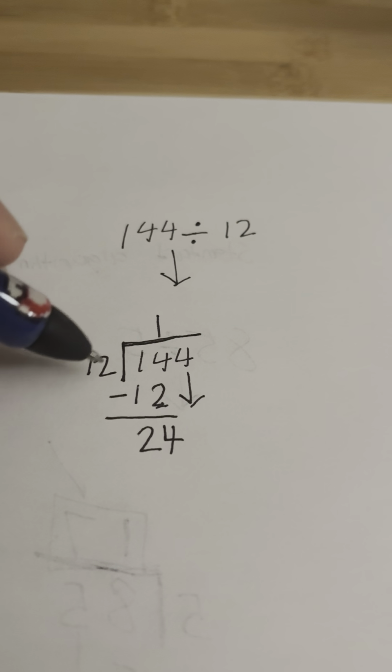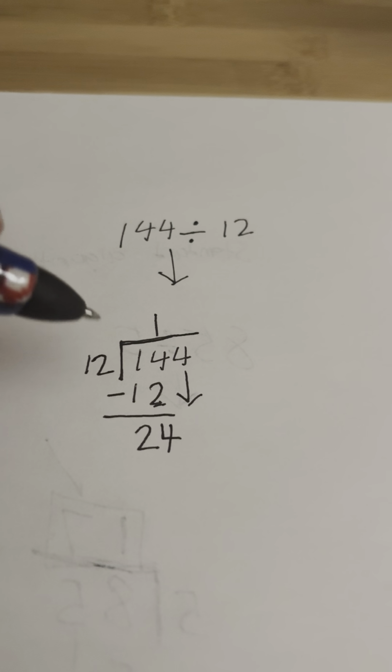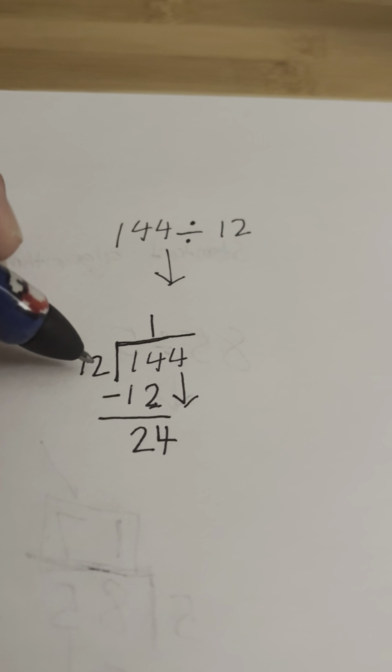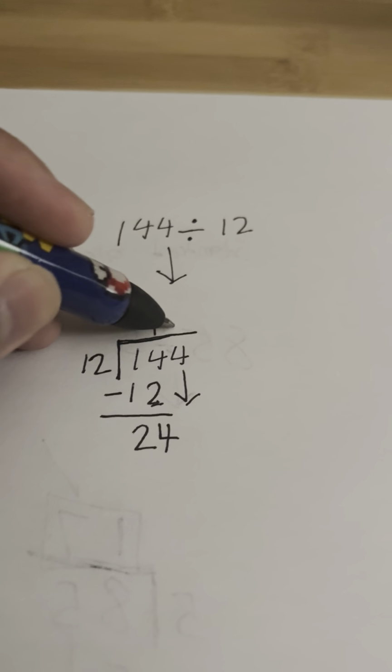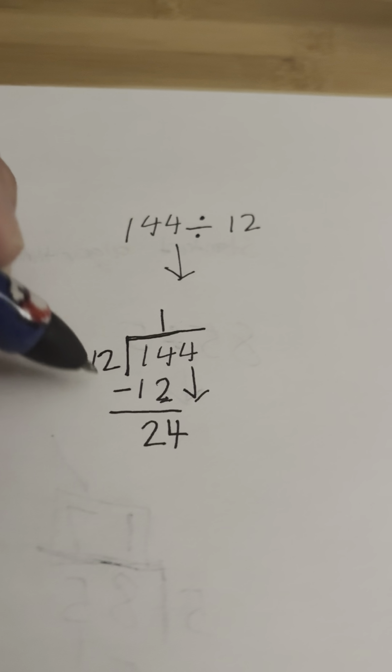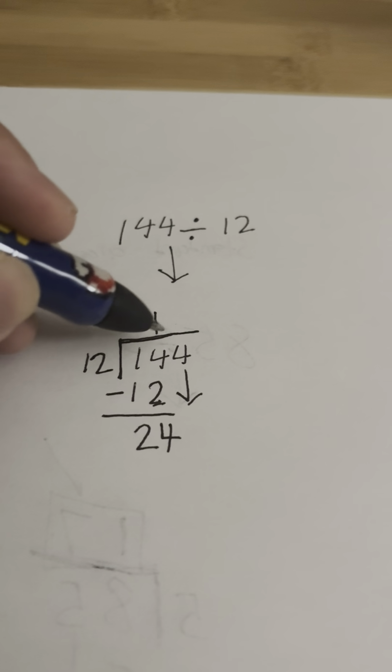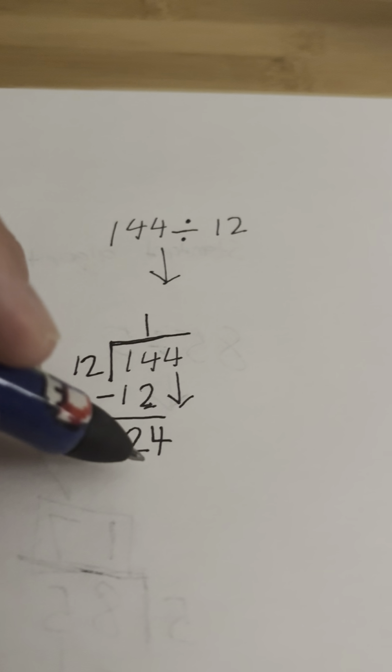Again, we're counting by 12s, so you're going to ask yourself, 12 times what number equals 24?